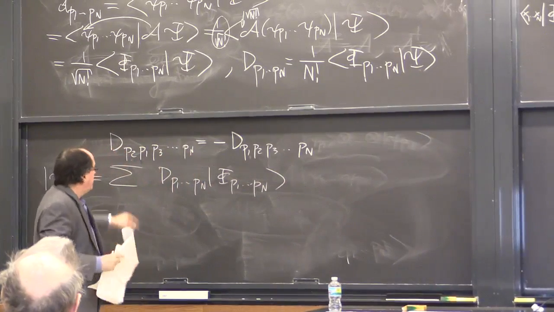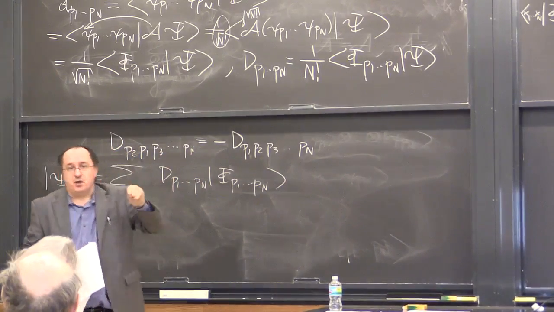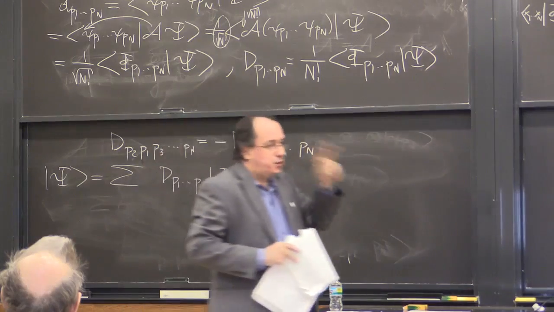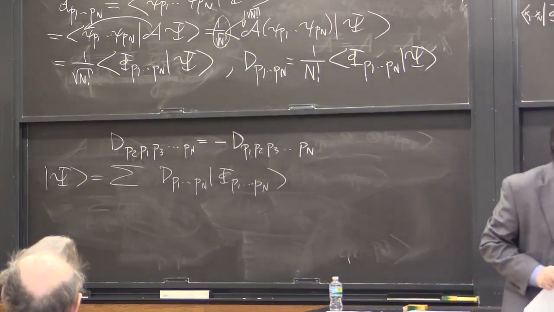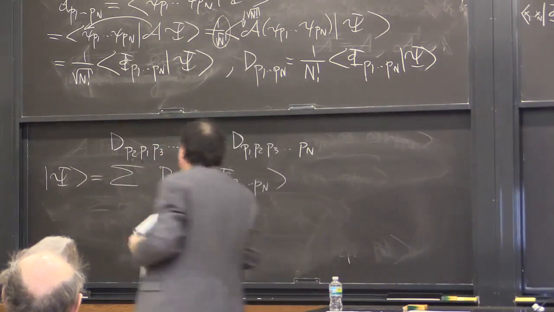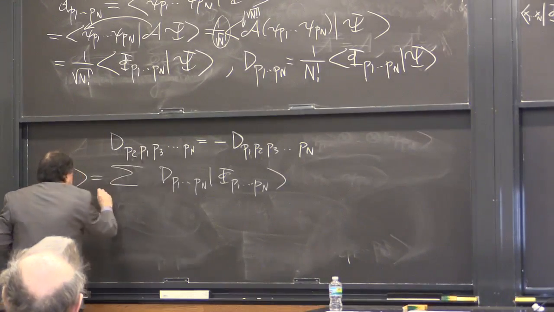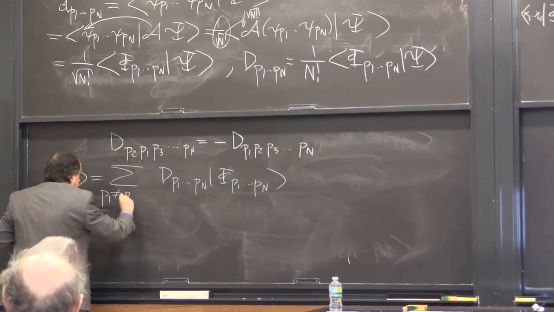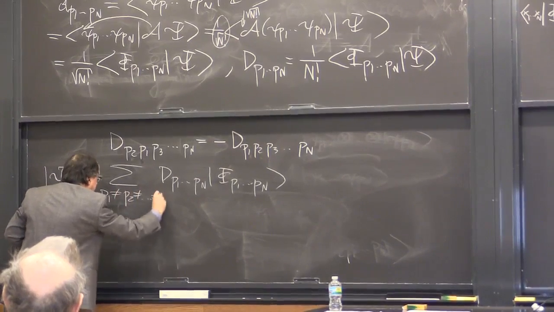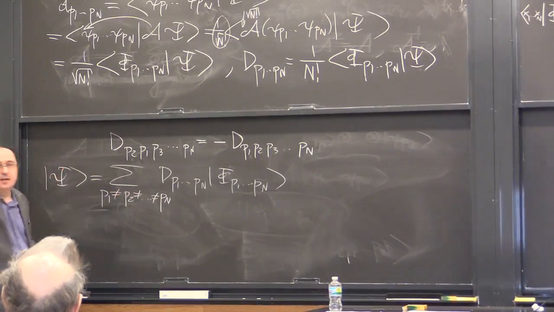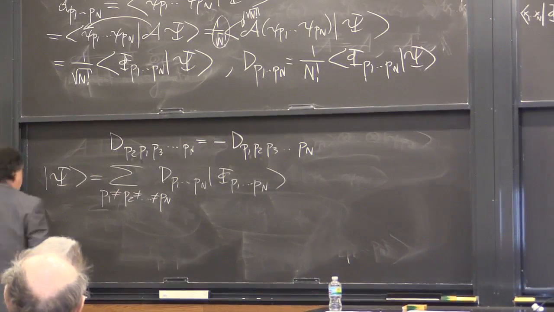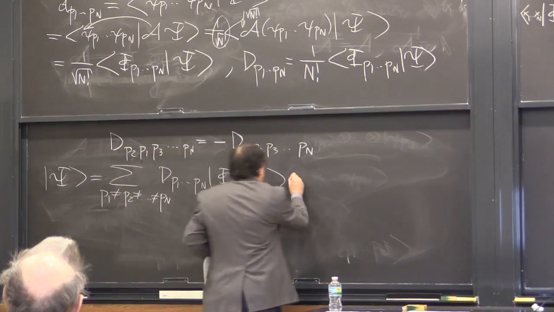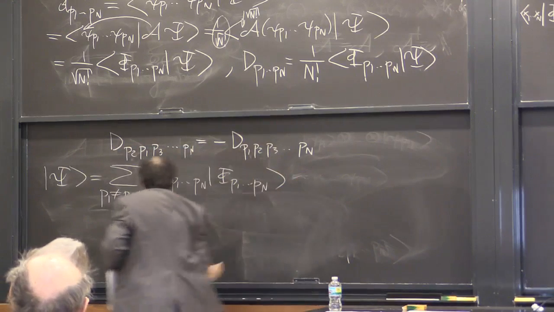First of all, since these coefficients are 0 when two indices in them are equal, that means that I don't have to sum over all the p's independently. I can assume that my p indices in the summation are different. Because if I make them equal, the coefficients of the determinants become 0. Well, then if that's the case, I can do one more thing. I'm going to do it below.